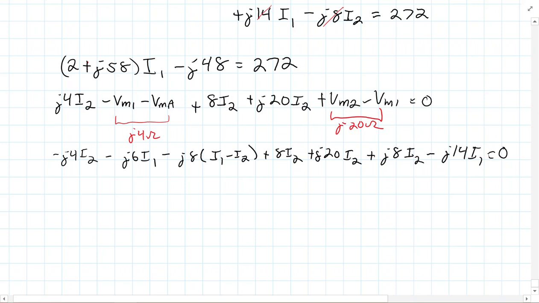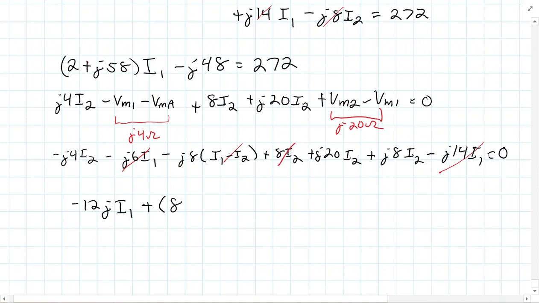Now again, we just have to be careful in combining like terms, and so if we do I1 first, there's no real components for I1, so I have minus 6, and I've got, well, got to be careful, a minus minus, so that would be plus 8, and then minus 14, and that gets me minus 12 jI1 plus, and then I'd have 8.